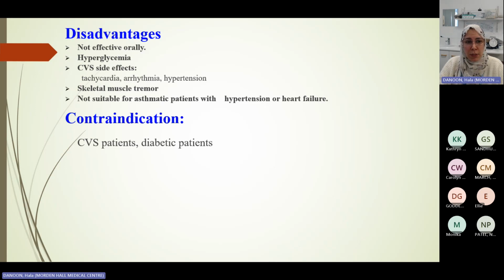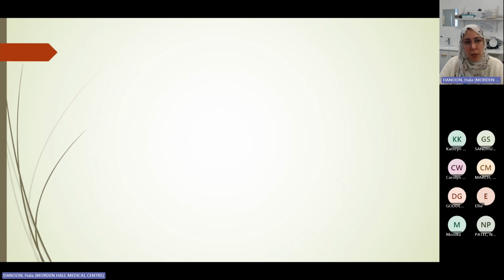It can cause skeletal muscle tremor and it's not suitable for patients with hypertension or heart failure. So as you can see, although this medication has a place in acute anaphylactic asthmatic attack, the contraindications and side effects profile of this medication are quite high, so we don't use it that much.